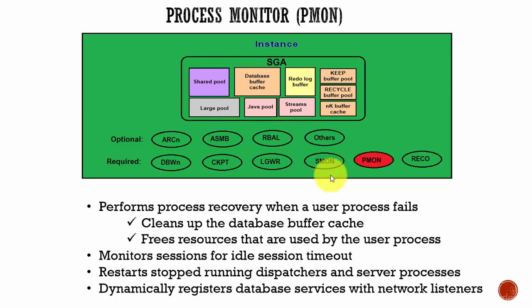Example, if the user is trying to update the customer table and for some reason the user process fails, then the process monitor comes into the picture, cleans up the database buffer cache used by that user process, changes the status of the customer table from active to inactive, releases any locks that are established, and removes the process ID from the list of active processes. This is exactly what it does whenever a user process fails.